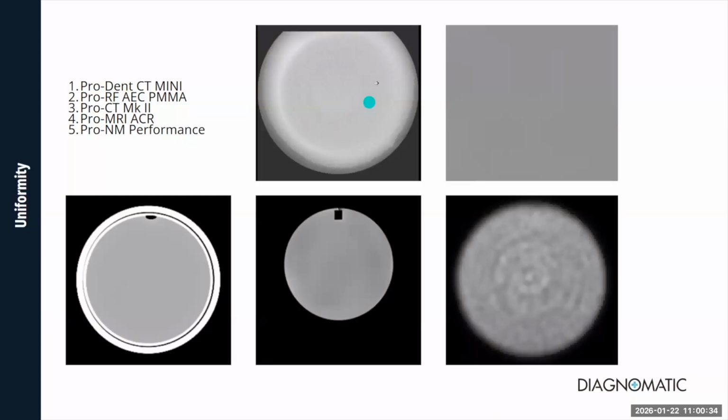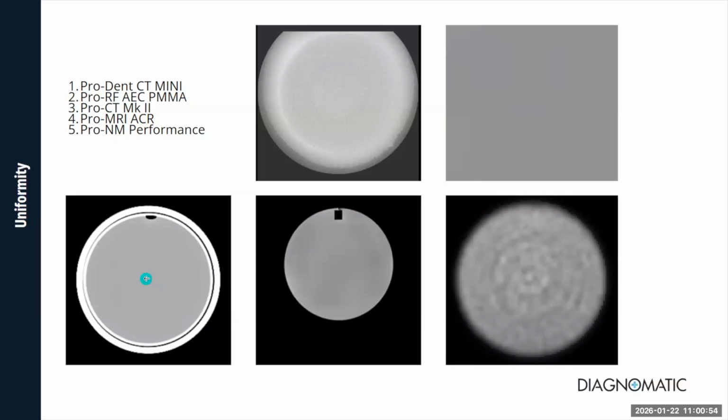The uniformity we check with the homogeneous disk. With the X-ray, we use a stack of PMMA plates. Then we can choose the region of interest and calculate the SNR, CNR.